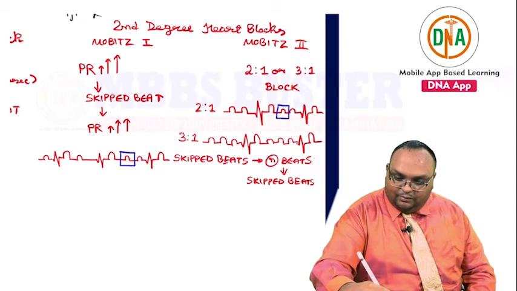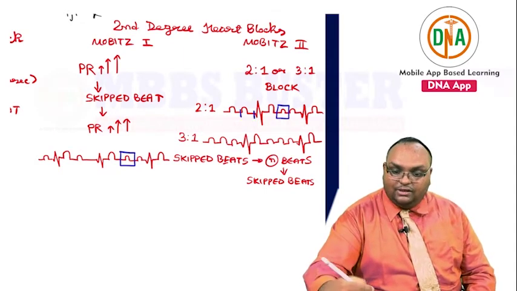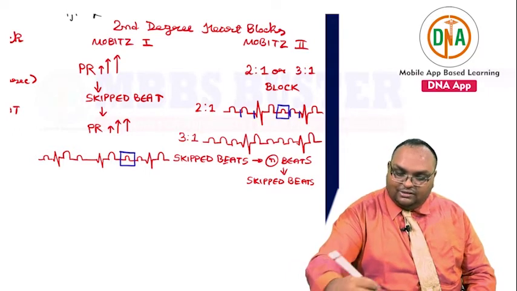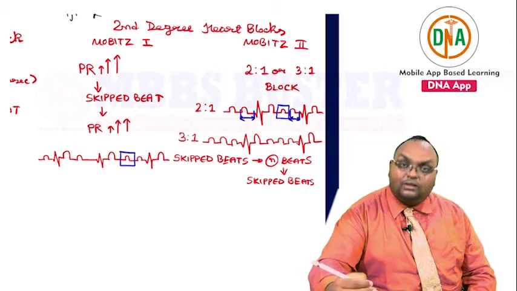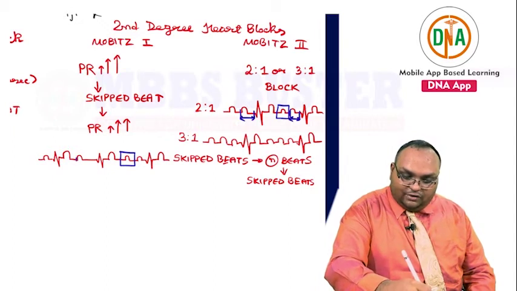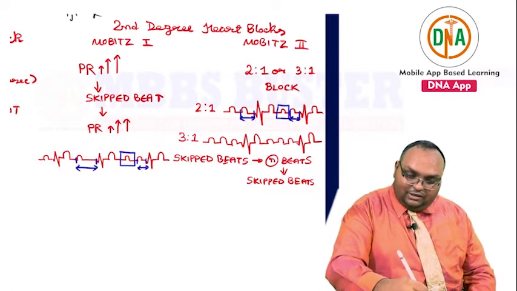If I calculate the PR interval of the wave preceding this skipped beat and the PR interval of the wave succeeding this skipped beat, I would see it is almost equal. But if I look at the PR interval of the wave preceding the Mobitz type 1 heart block, Wenckebach phenomenon, and the PR interval of the wave succeeding it, definitely the one preceding it is greater than the one succeeding it.